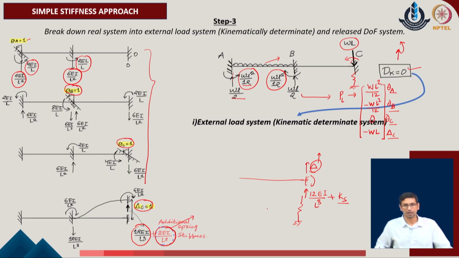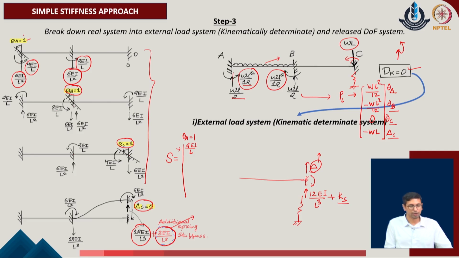Once we have added this part, we consider that the individual coefficients which have been obtained over here in the direction of theta A, theta B, theta C and delta C will contribute to the stiffness of the overall system. So, I can write that the stiffness coefficient with respect to the first parameter, say theta A being 1 unit, will give me the force in the direction of theta A itself, and that force will become the first coefficient, S11, and that is 4 EI upon L in the given problem.